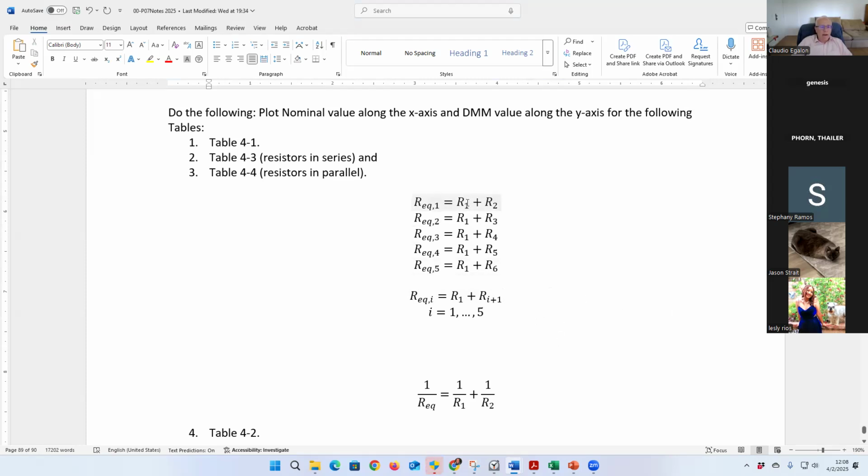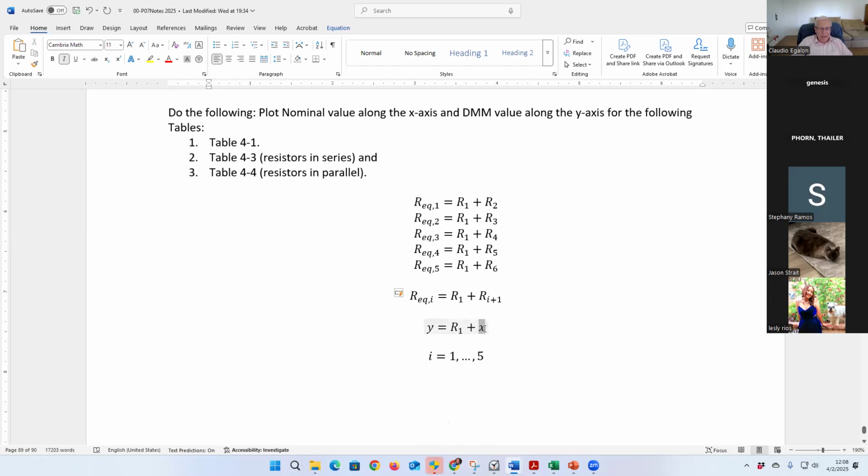Note that every data point that we have here has the same value for R1, right? And what is your variable? Your variable is this one right in here. If you are going to write it in terms of an X and Y equation, we can write it like that: Y is equal to R1 plus X. That's how we could write that as a linear equation.